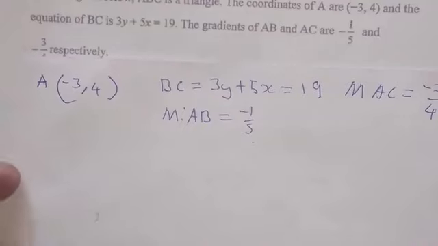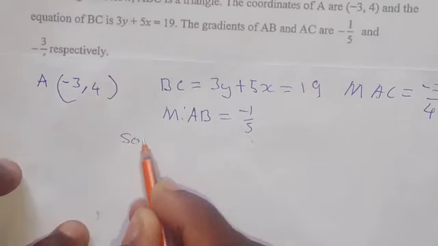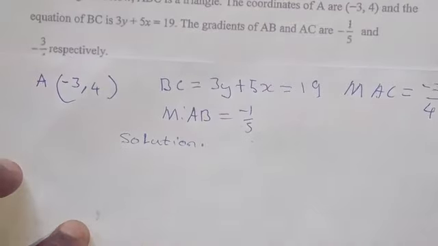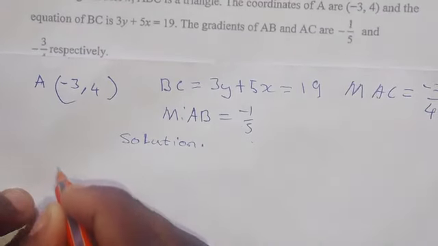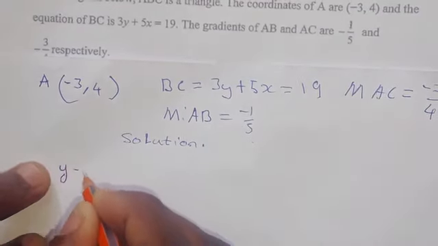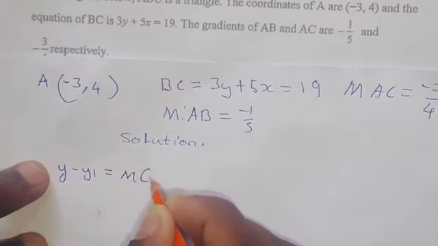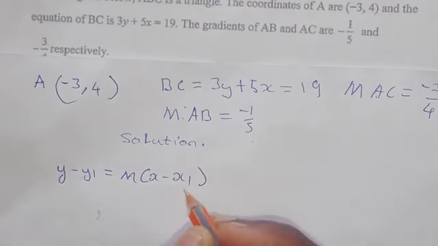Solutions. So we know that the equation of a straight line is given by the formula y minus y1 is equal to m times x minus x1.